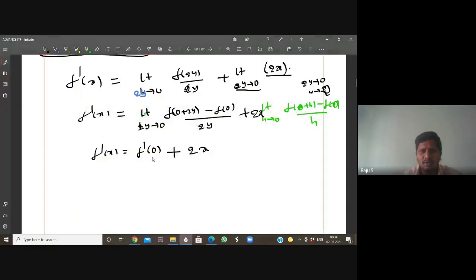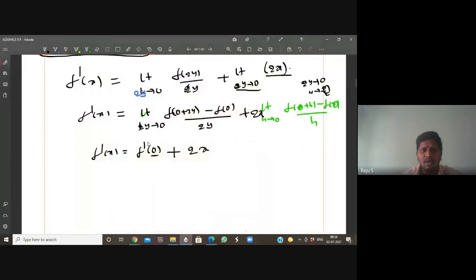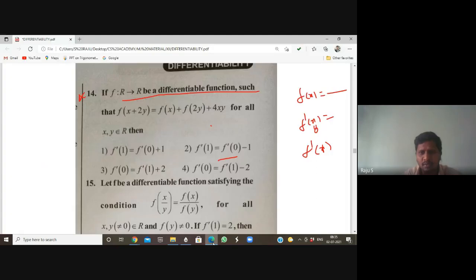Now, we got one value, f dash of 0 is there. We require the remaining f dash of 1. To get f dash of 1, what shall we do here? Now we can substitute x is equal to 1. When I substitute x is equal to 1, f dash of 1 is equal to f dash of 0 plus 2. Which of the following options is correct?